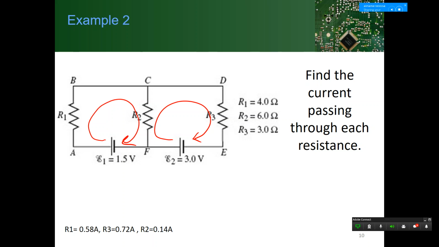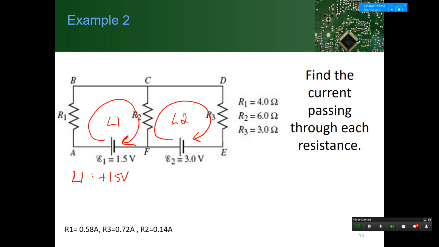So step 2 complete. I've established an arbitrary direction for my loop. Now we're going to go and set up. We know that the loop rule says that the voltages across every single piece in one loop should be equal to 0. So I'm going to call this loop 1 and loop 2. In loop 1, I gained 1.5 volts from the battery.